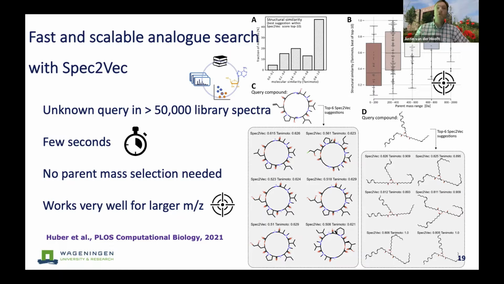And the good news is that if you're interested in this, check out the recent preprint by my group and Nick de Jonge on MS2Query, which uses Spectrovec, MS2DeepScore, and other recent developments to come up with a new machine learning based way of doing library search and analog search. So check it out.